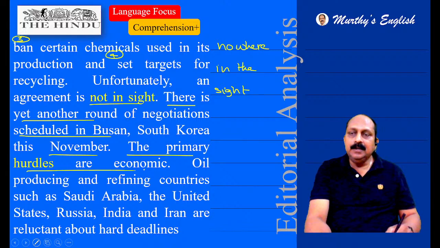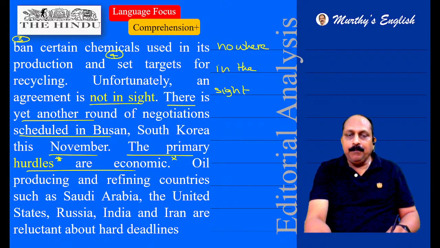Usually any treaty has objections, has hurdles. Hurdles, already we have got so many times. Hindrances, blocks, bottlenecks, impediments. Any country before signing, ratifying the treaty will focus on the economic consequences, ramifications. Based on that, to support this, the primary hurdles are economic.